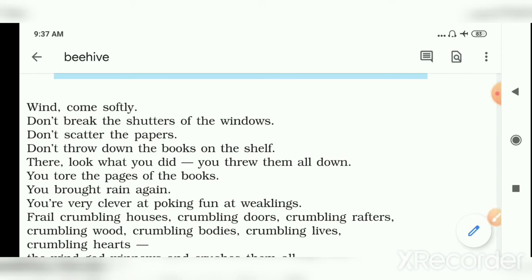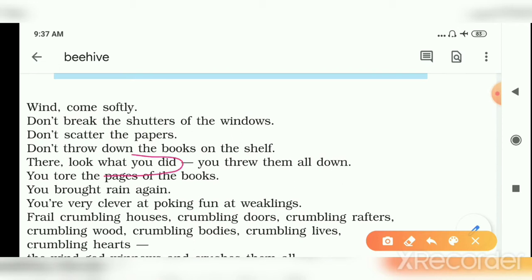There, you see there, don't think here, but you see there, look there. What you have done, what you did. The poet addresses all the words to the wind only.